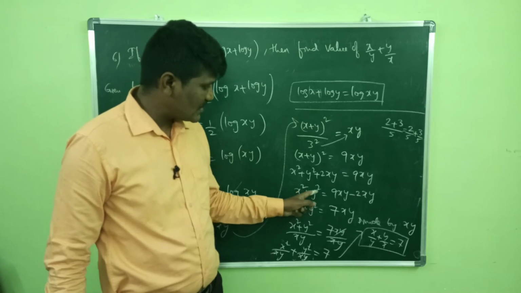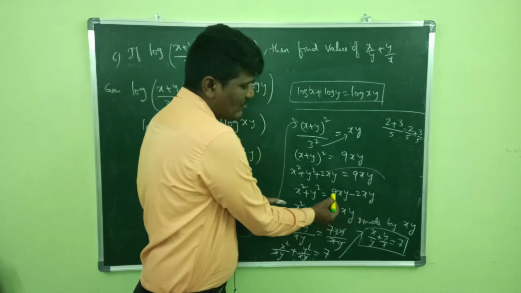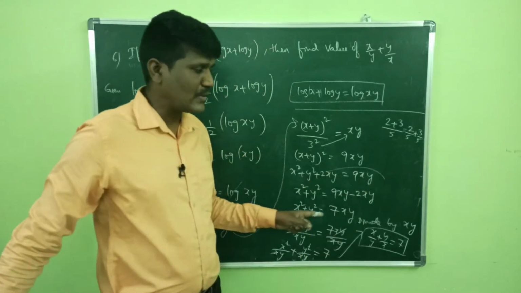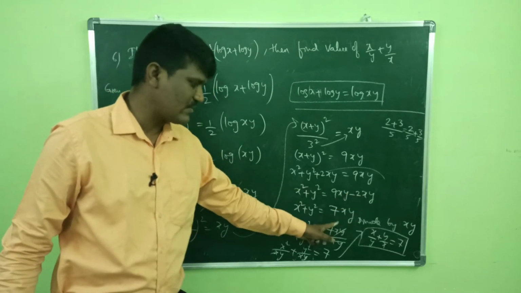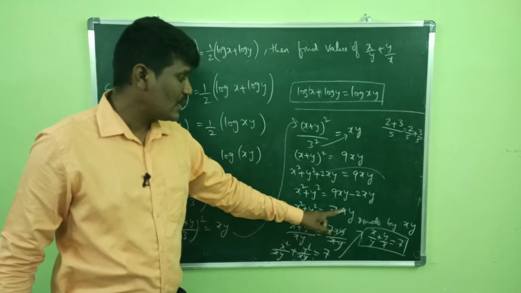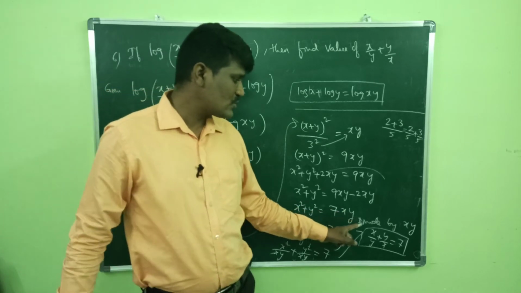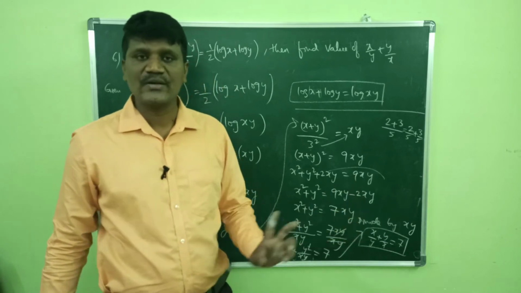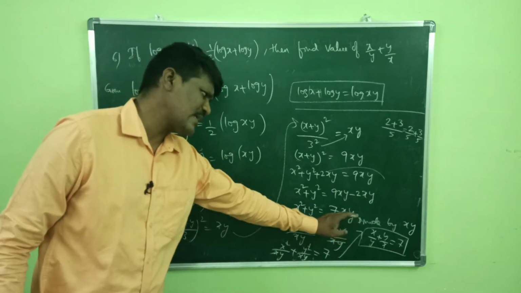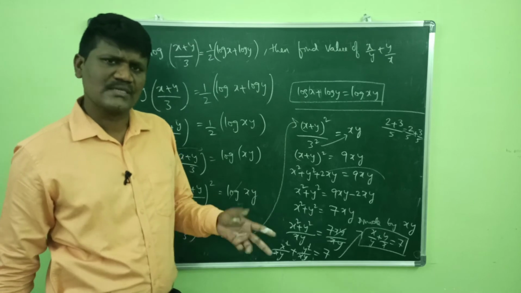I am sending 2xy to that side, so it will become 9xy minus 2xy. So x square plus y square is equal to 9 minus 2, that is 7xy. Now what I am doing is dividing both sides by xy, because on the right hand side I should not have any x term and y term. Or else you can send xy to the left hand side, both are the same.